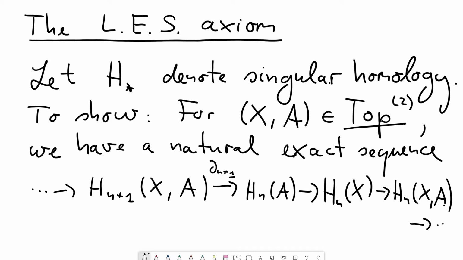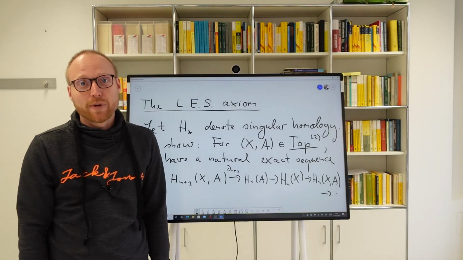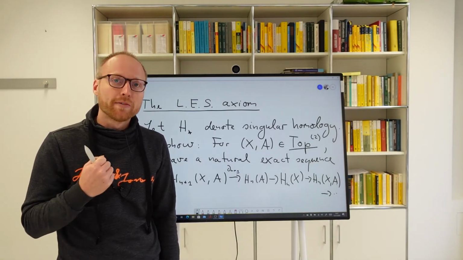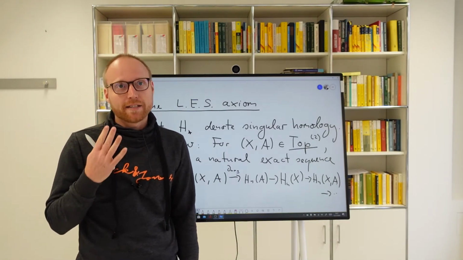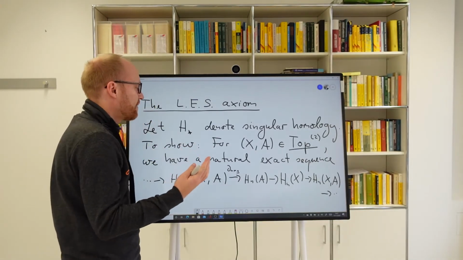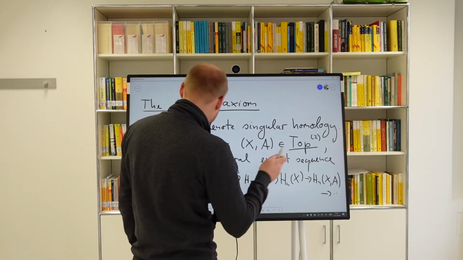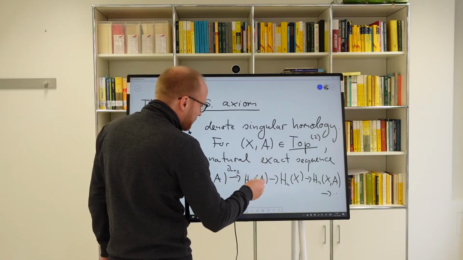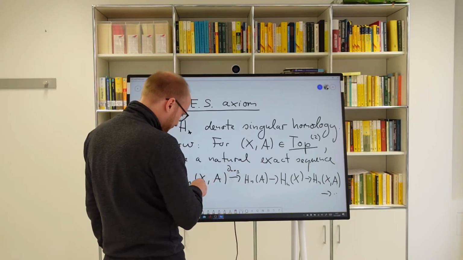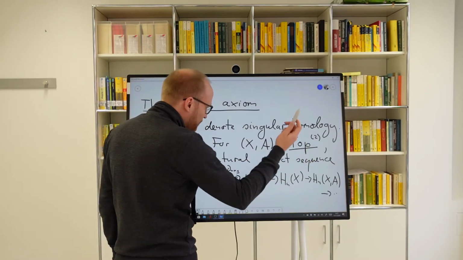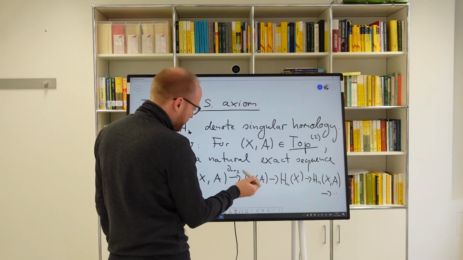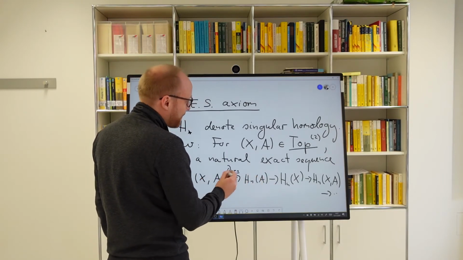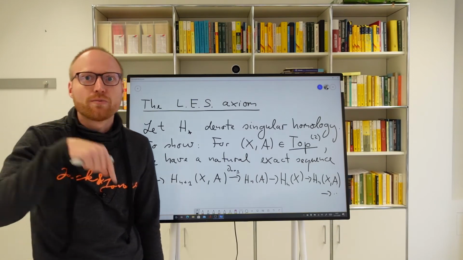So the point is there are two concepts which mustn't be confused here. We have this notation ∂, this del operator. We have used it for the differential or boundary homomorphism in chain complexes, and at the same time it also denotes this natural transformation going from the relative homology of (X, A) to, well, if you want, the inclusion from pairs of spaces to spaces first, where we just map this pair (X, A) to the pair (A, empty set), and afterwards we plug in homology of one lower degree.